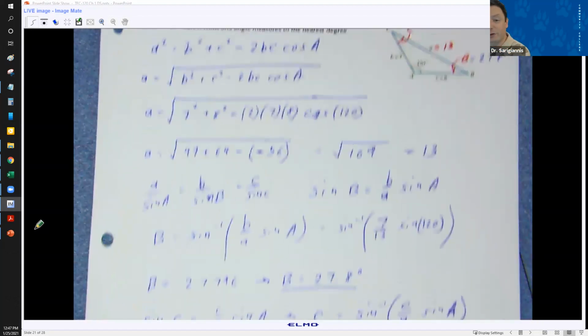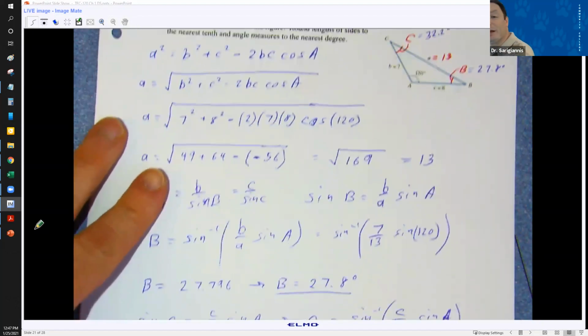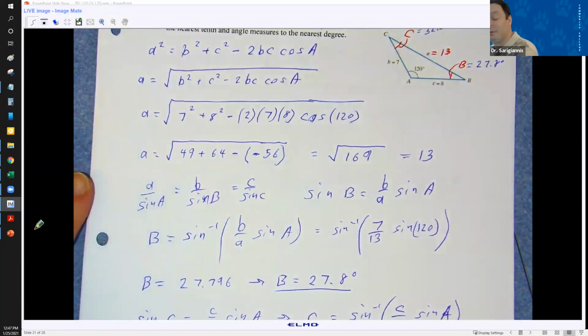Oh, it's almost 12:50. I thought I'd get to the last one, but you know what? Why don't you do number 12 on your own? And next class, I'll just go through it really quick. So, are there any questions about number 11? So notice we had to use the law of cosine and law of sine.